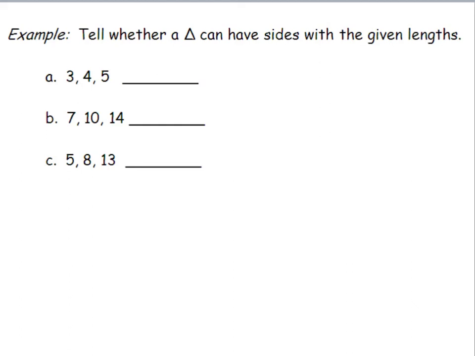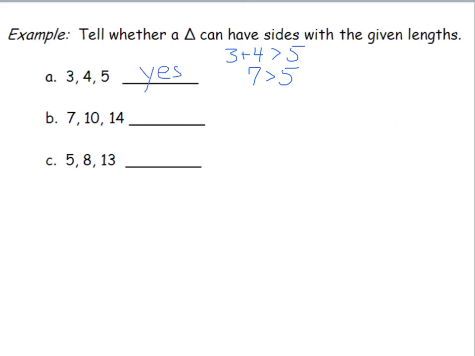If you take the two smallest sides out of these three numbers, which are 3 and 4, and add them together, it should be greater than the third if you can indeed form a triangle. So 3 plus 4 gives me 7, which is greater than 5. So if it's greater than the third side, then I know I have a triangle. So in this instance, you would say yes.